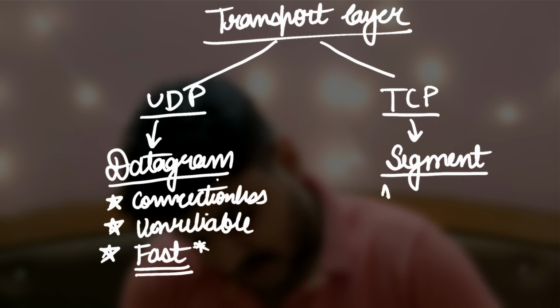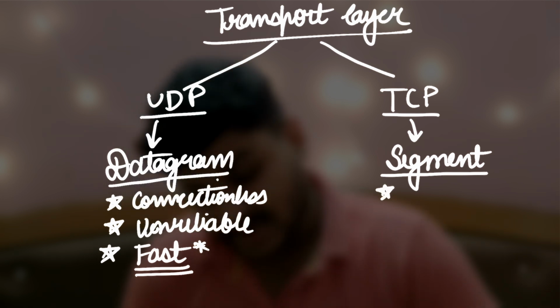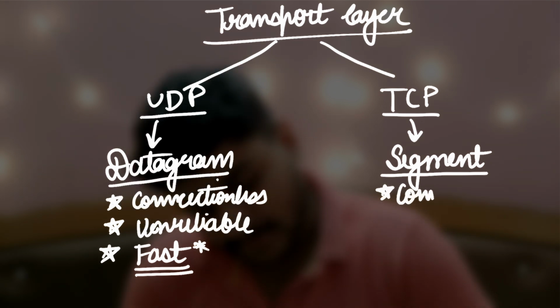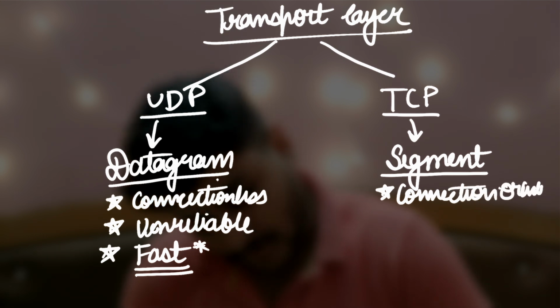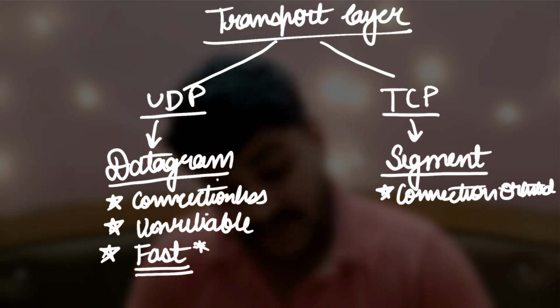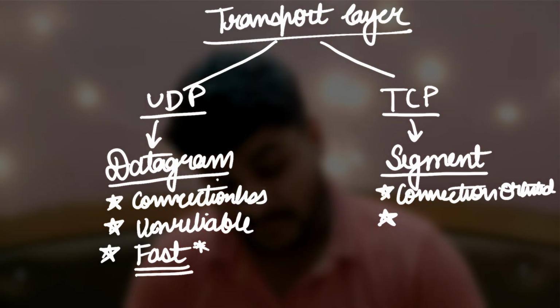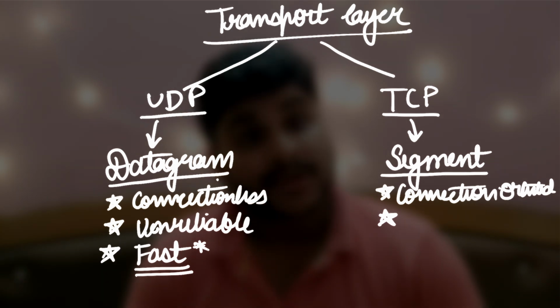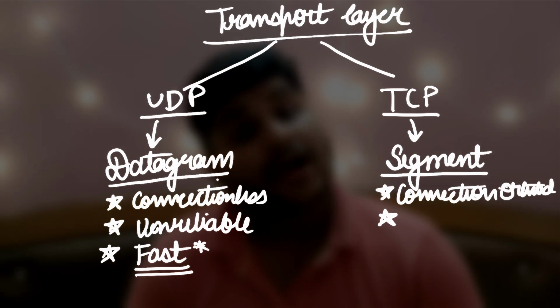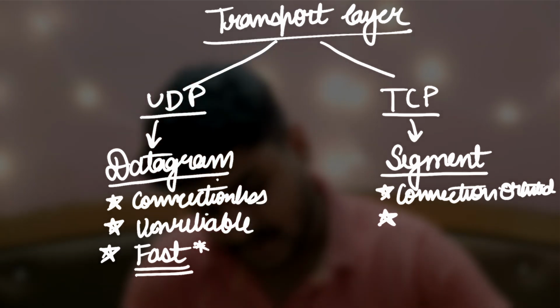So let us talk about the functionalities of the TCP protocol. This is connection oriented. A connection is built before the transmission actually starts. So a connection between the two hosts will be made, and only after that will the data be transmitted.